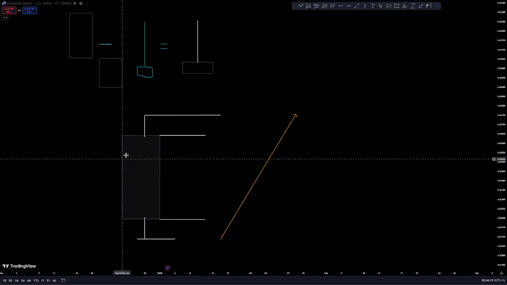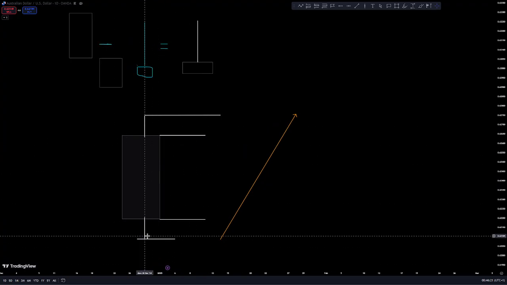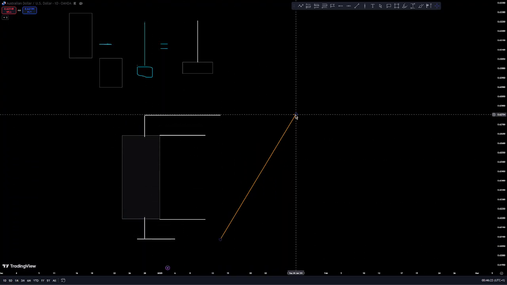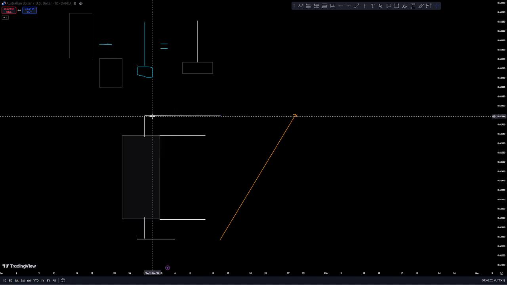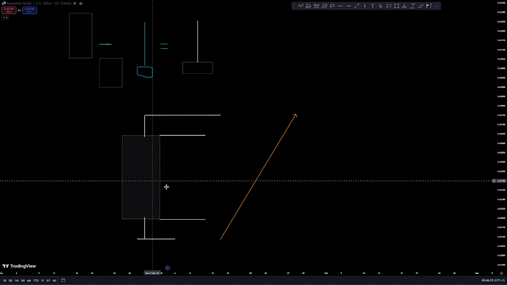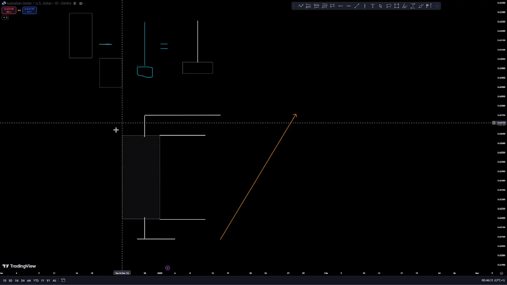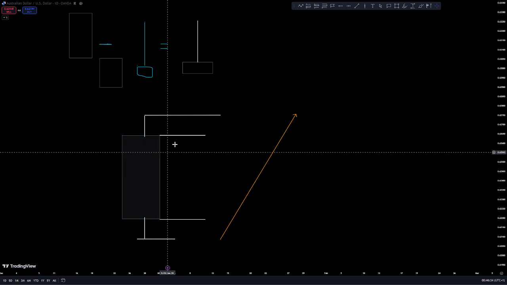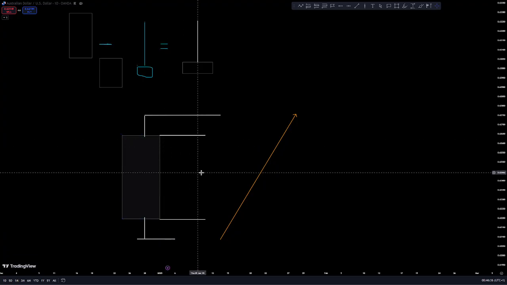From this narration alone, what is this one telling us? It's telling us price is bullish. The next candle might decide to be bearish and close lower, but it still does not remove the fact that price was bullish on this candle. So how do we know what the next candle would print?